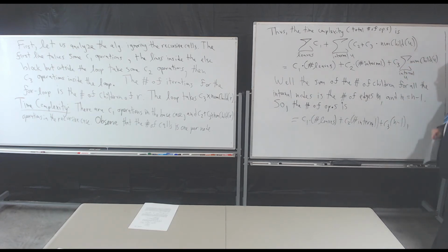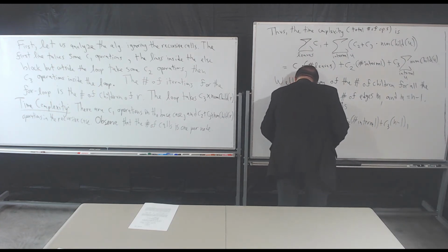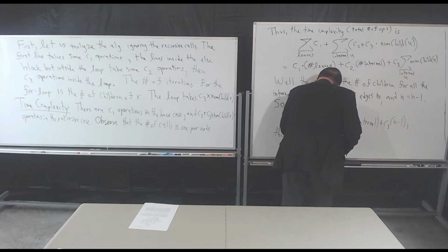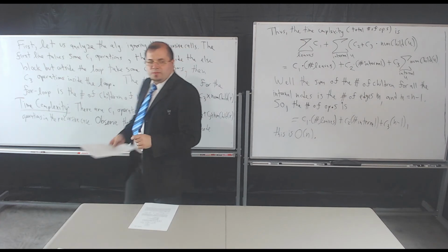Well, what's this in terms of big O? This is big O of n. And we're done. So this is a linear time algorithm for the tree.